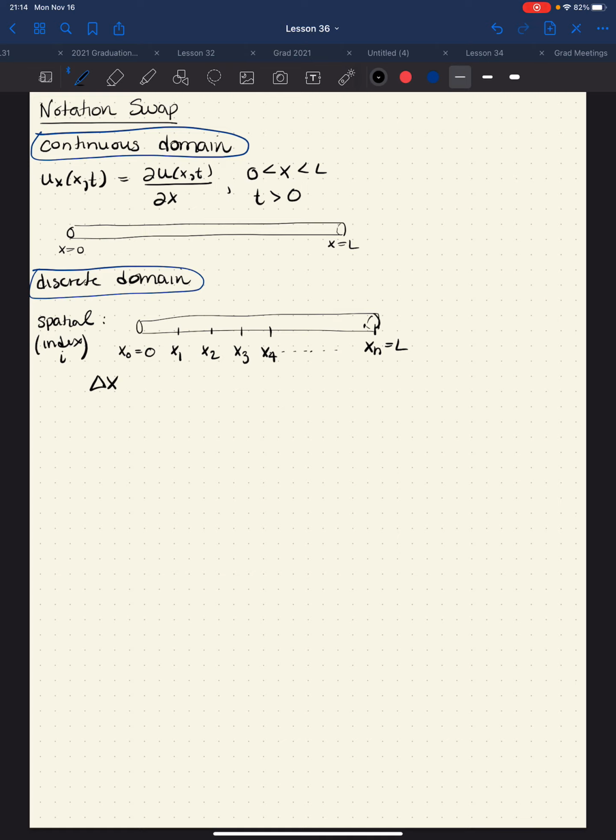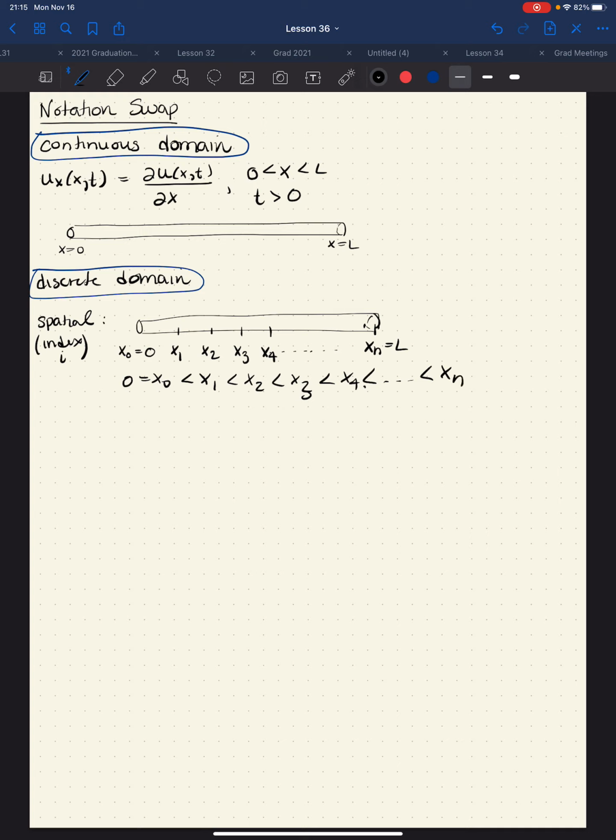And how I can write this spatial domain, and let me write this the other way around, is 0 equals x_0, which is less than x_1, which is less than x_2, which is less than x_3, which is less than x_4, which is less than x sub n. So this is a discrete domain.